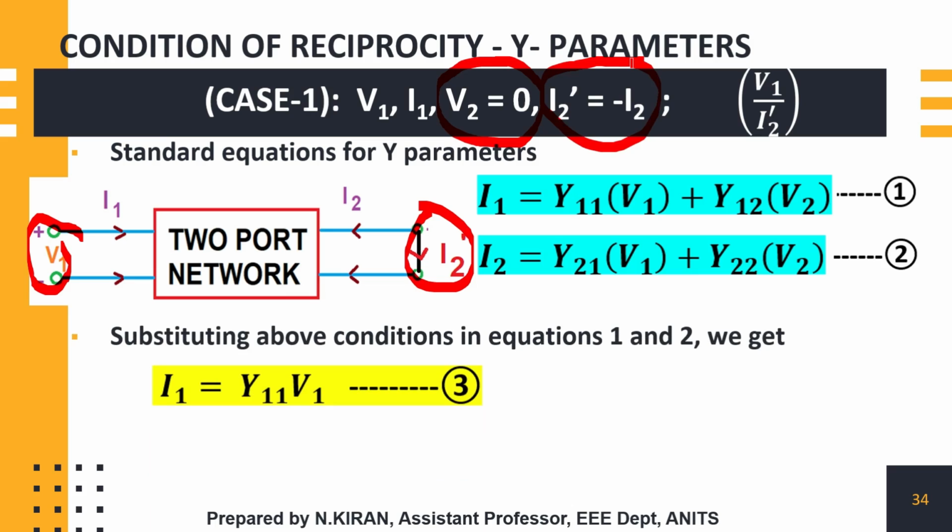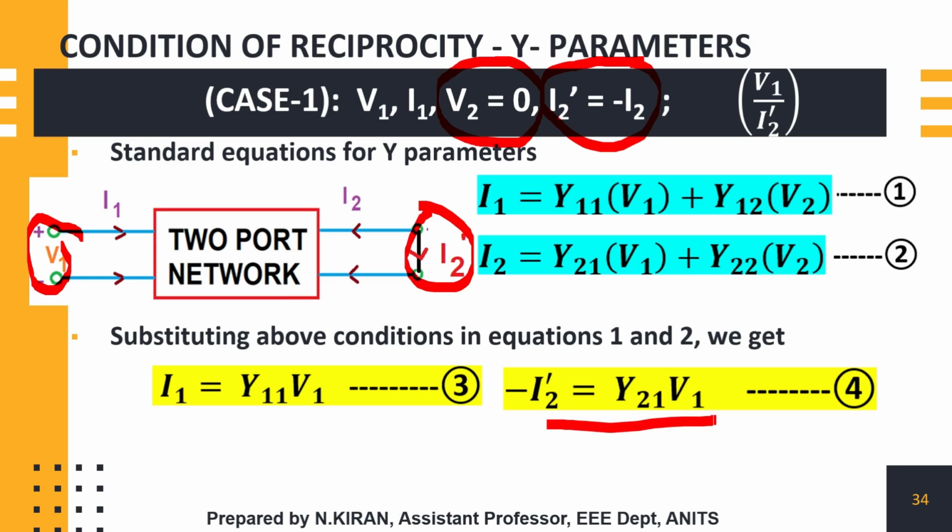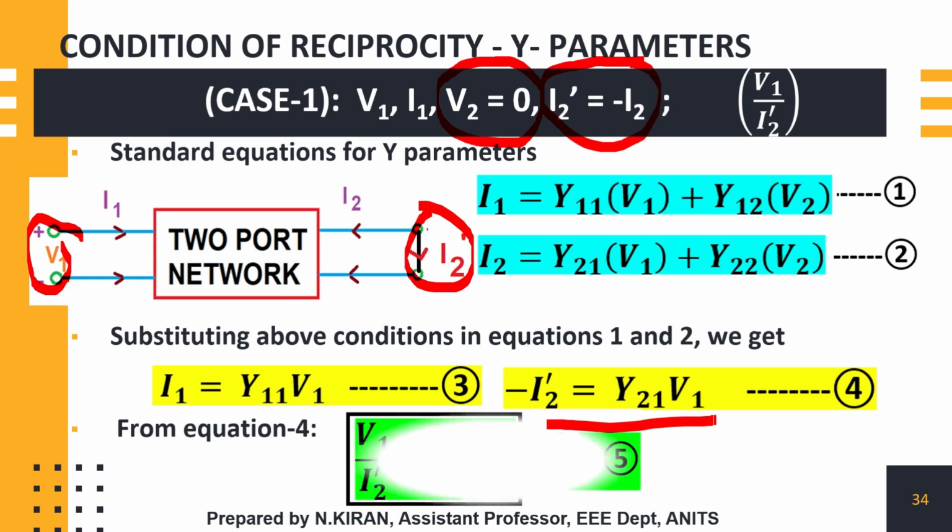The first equation becomes I1 is equal to Y11 V1 and the second equation becomes minus I2 dash is equal to Y21 V1. My objective is to find V1 by I2 dash, which I can directly get from the fourth equation, which is V1 by I2 dash will be minus 1 by Y21, which I consider as the fifth equation.